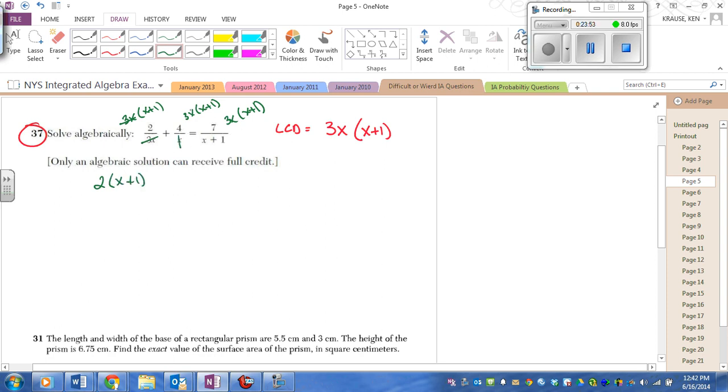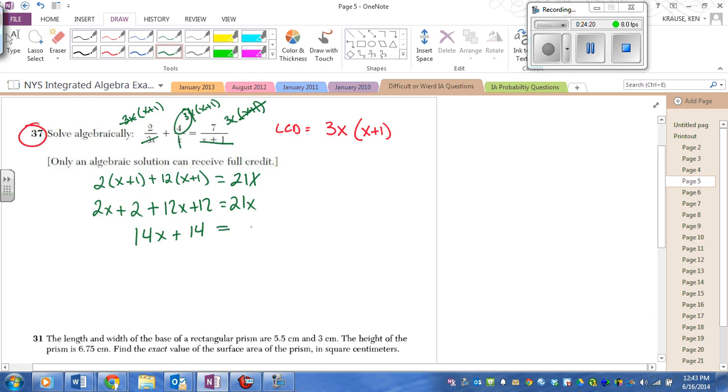This x is 12 times x plus 1 equals this x plus 1. This x plus 21x. 2x plus 2 plus 12x plus 12 equals 21x. 14x plus 14.